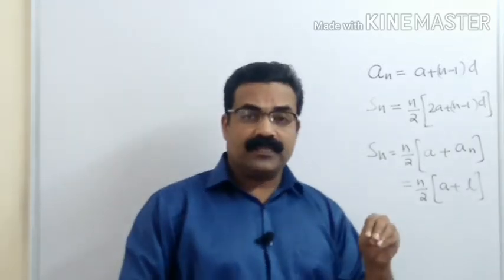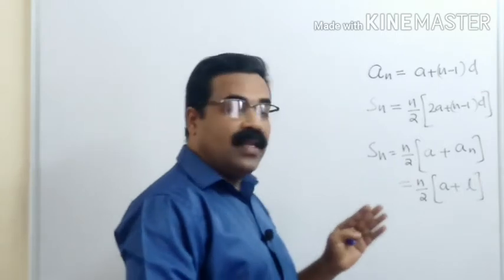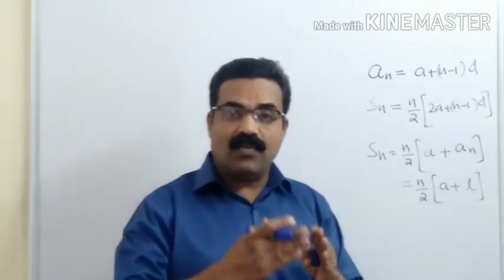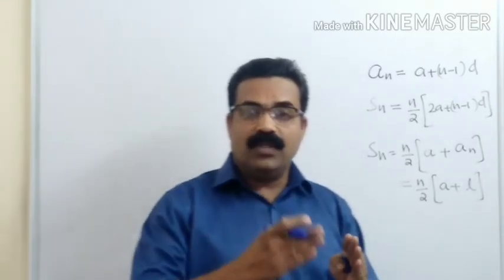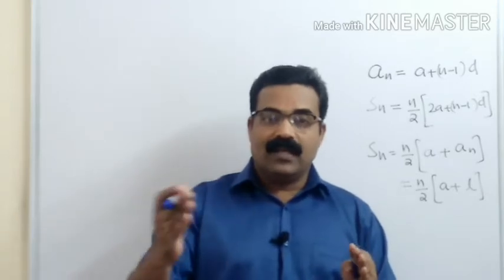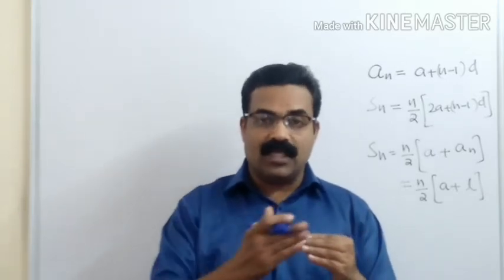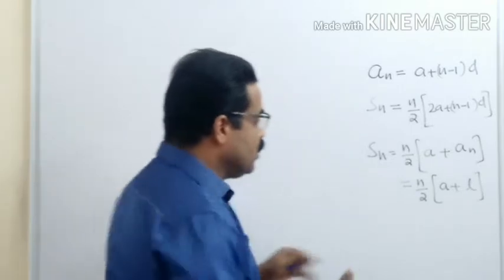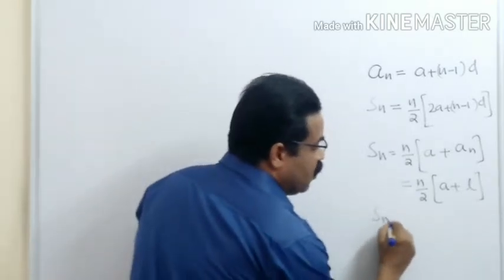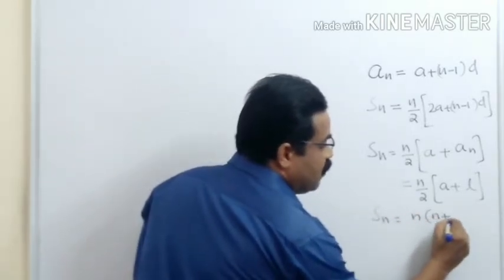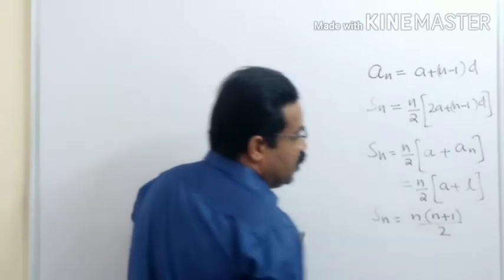Apart from this, we have seen that if we are taking the natural numbers or counting numbers, consecutive numbers 1, 2, 3, 4 up to n, then the sum of n consecutive positive integers is given by the formula Sn is equal to n into (n plus 1) by 2.